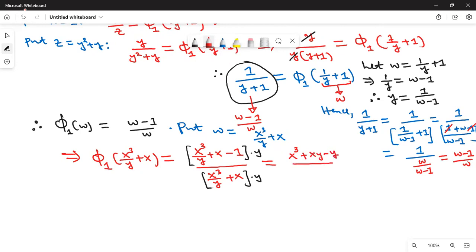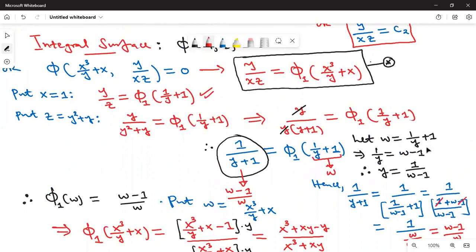In the denominator, we are going to get x cubed plus xy, which you can also write as, look at x is common in the denominator, so we can write this as x cubed plus xy minus y over x in the denominator, so that we have here x squared plus y.